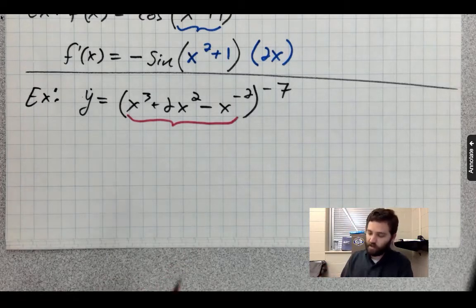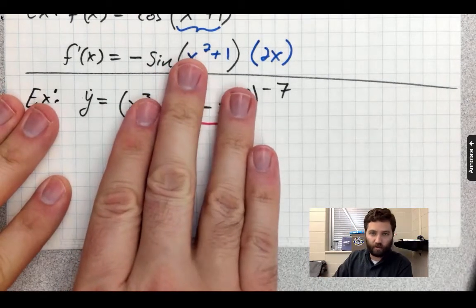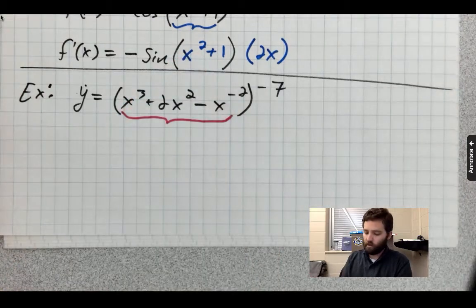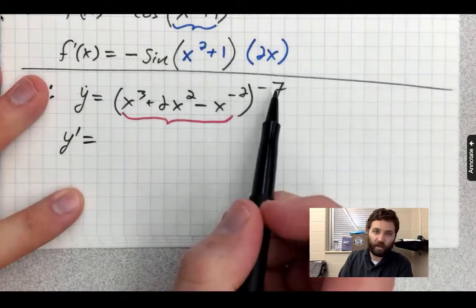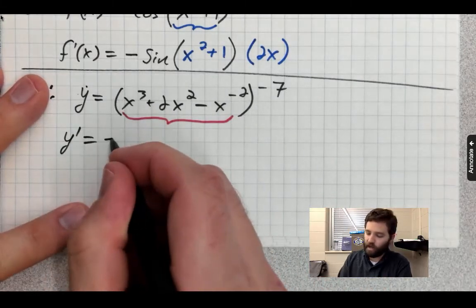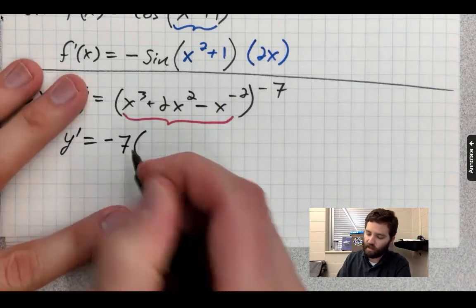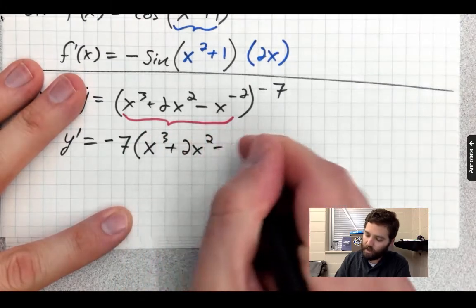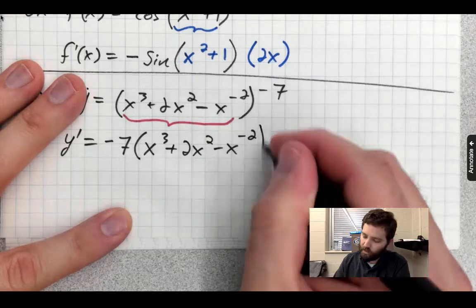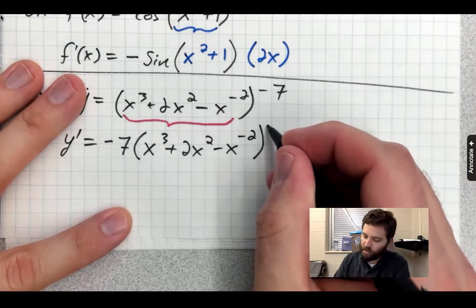That's our inside part. The outside is a thing to negative 7. Okay. So we'll start by kicking the negative 7 out in front, deriving the outside, that is, leaving the inside alone. X cubed plus 2x squared minus x to the negative 2. Subtract 1 from the power, that's negative 8.